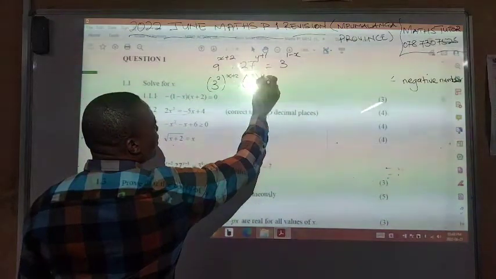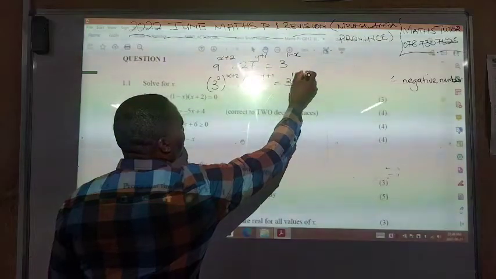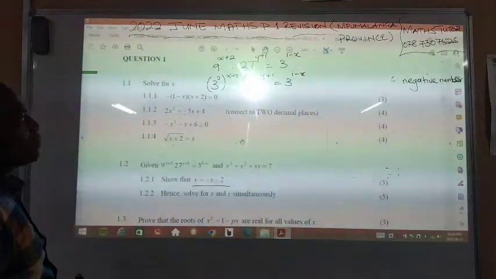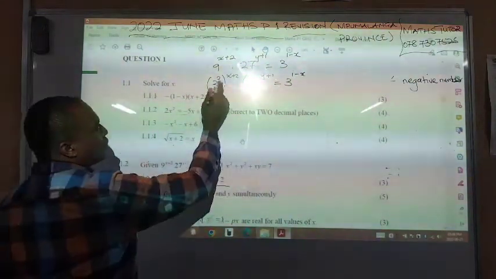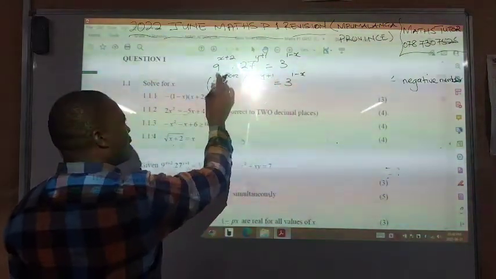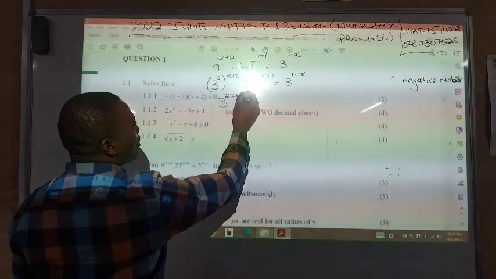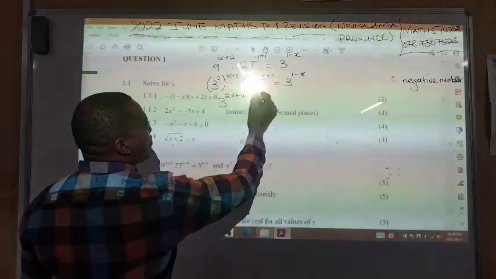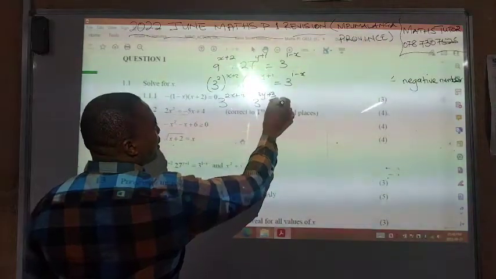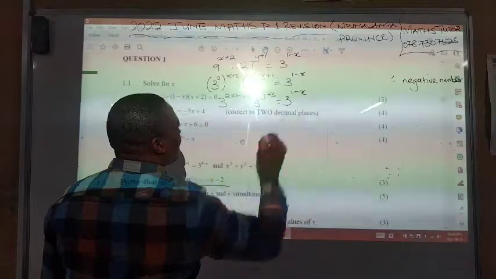And this is now raised to the power y plus 1, which will be equal to 3 to the exponent 1 minus x. Now, we can apply a law here, that we multiply the exponents, that will be 3 to the power 2x plus 4 by 3 to the power 3y plus 3 is equal to 3 to the power 1 minus x.